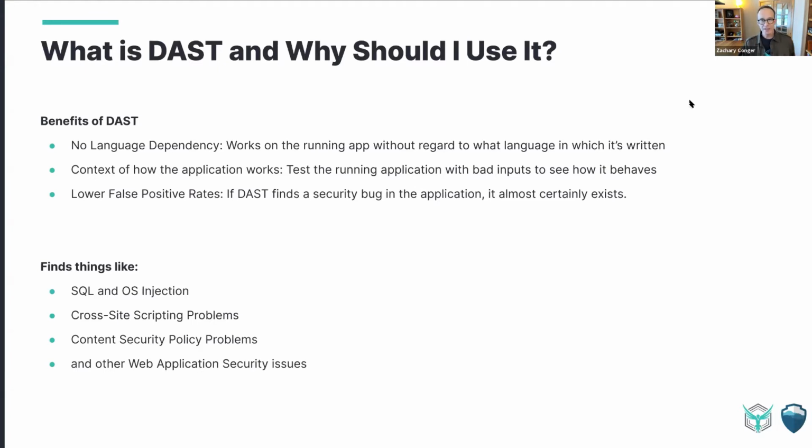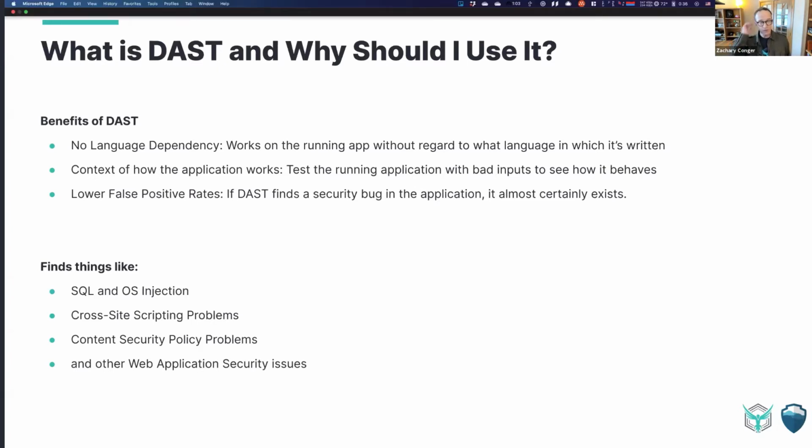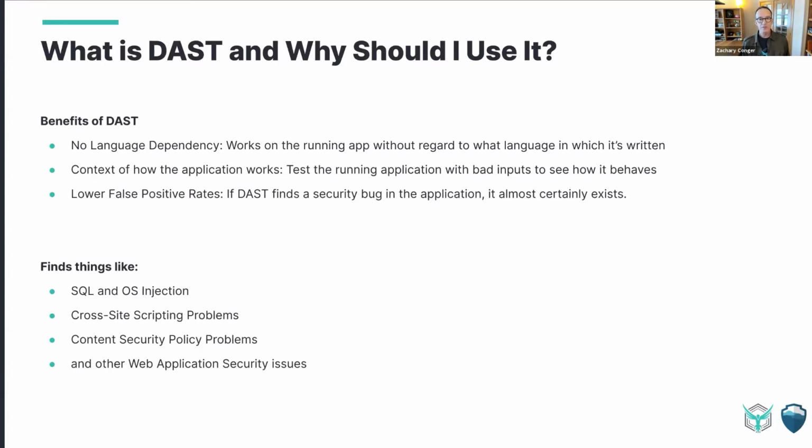So what is DAST and why should I use it? There are a number of static analysis tools out there that will check your code that are kind of CI/CD friendly. You're starting to see more of those. DAST differs from that in that DAST doesn't have a language dependency. It doesn't care what language your code is written in.